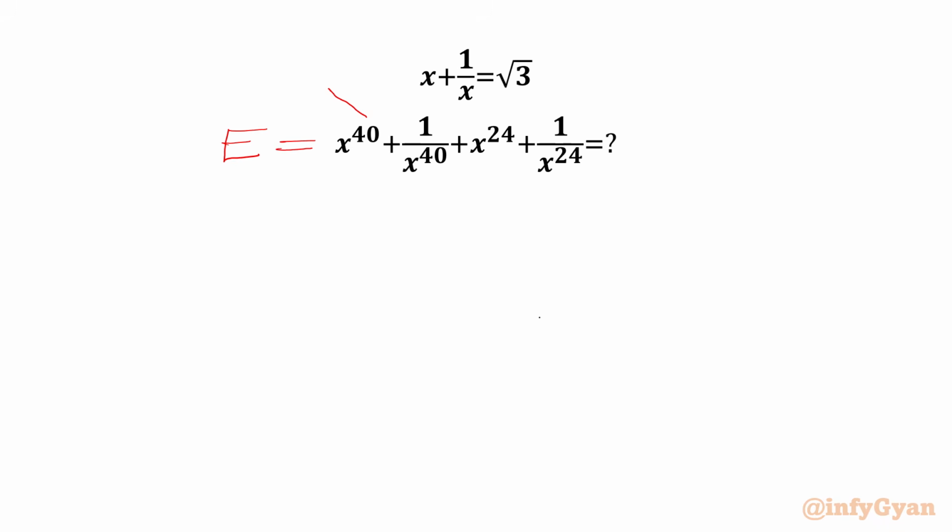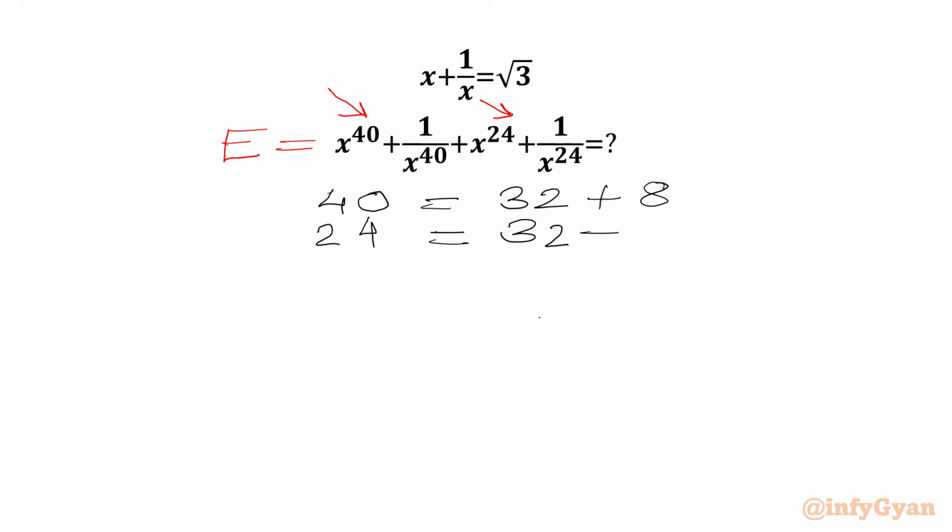We have exponents 40 and 24 in our required expression, which we can write: 40 is 32 plus 8. And if we write 24 with the same numbers, we have to put a minus sign in between.